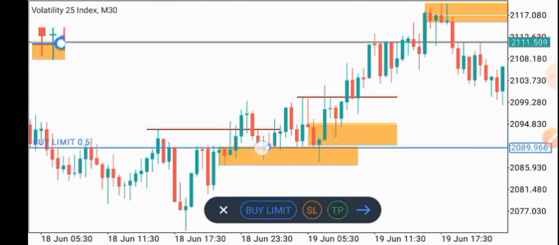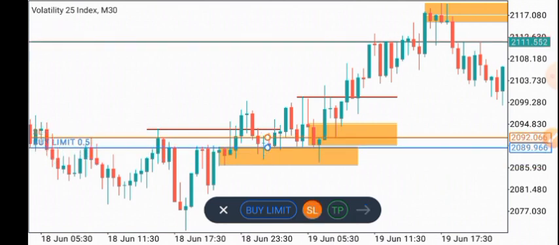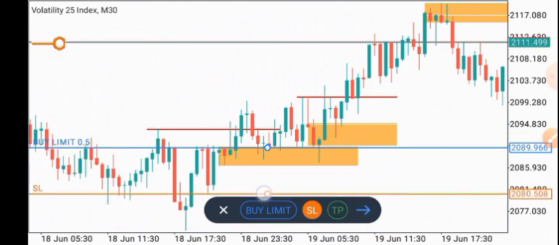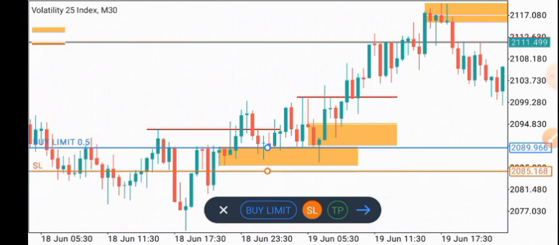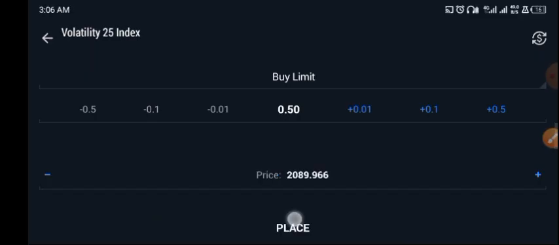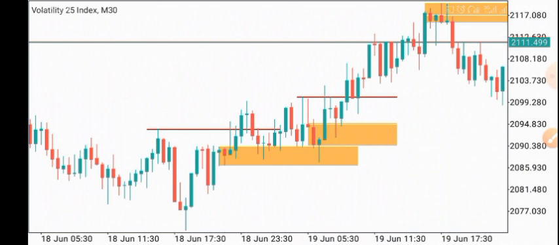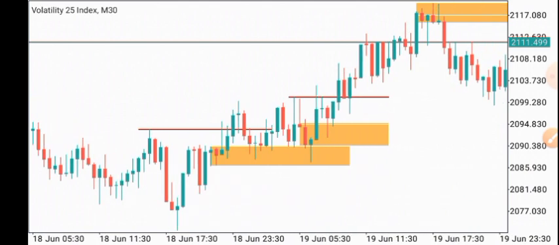Then you place your stop loss below it, or you actually incorporate this low to give you more chance. Then you place your take profit and everything, and this is it. Okay, I don't know, my network is bad. So that is how you use your pending order to trade this one.